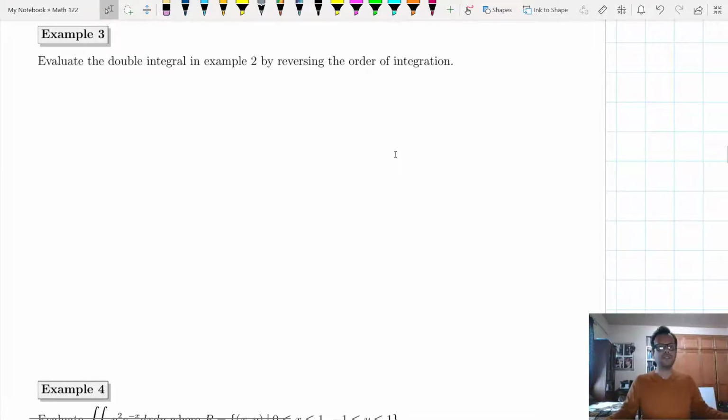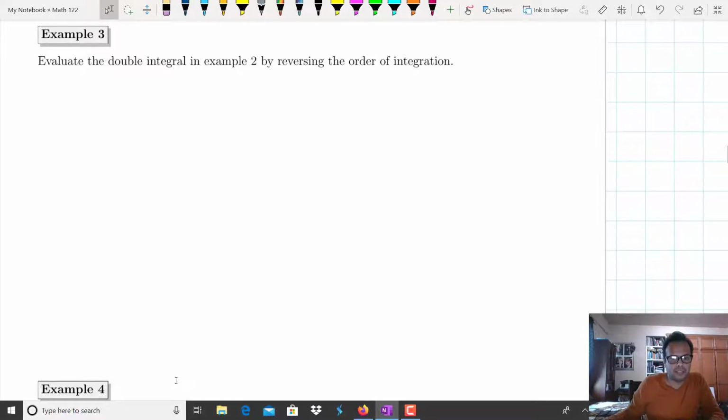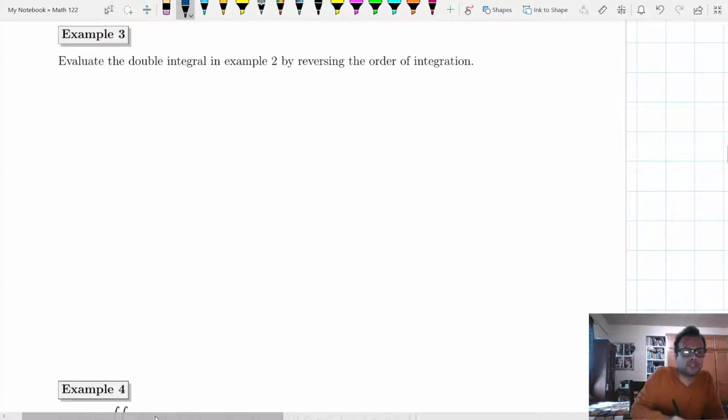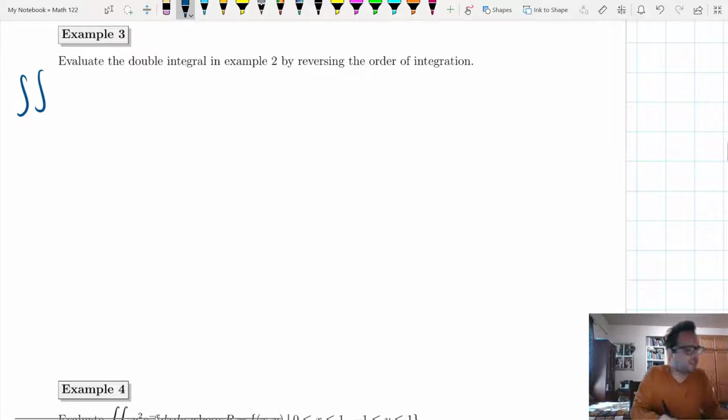All right, so in this case, we are going to evaluate exactly the same function, right? Exactly the same function. Let's see. We're going to evaluate the double integral, and that's the function x plus 2y.